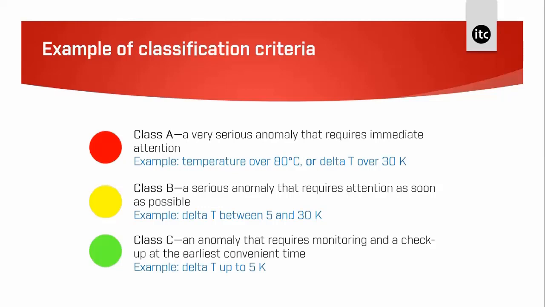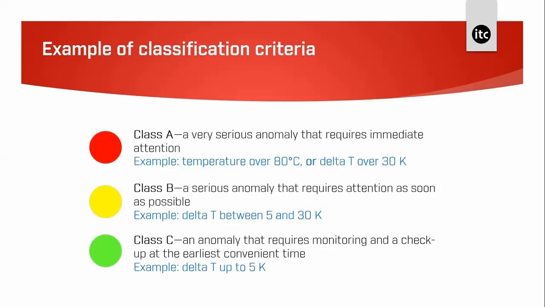So we've got a temperature difference, a maximum temperature over 80 degrees or a delta T over 30 degrees C. We've got a class B, which is a serious anomaly that requires attention as soon as possible. So we've got a delta T between 5 and 30 degrees C. We've got a class C, an anomaly that requires monitoring and a checkup at the earliest convenient time. We've got a delta T up to 5 degrees C.